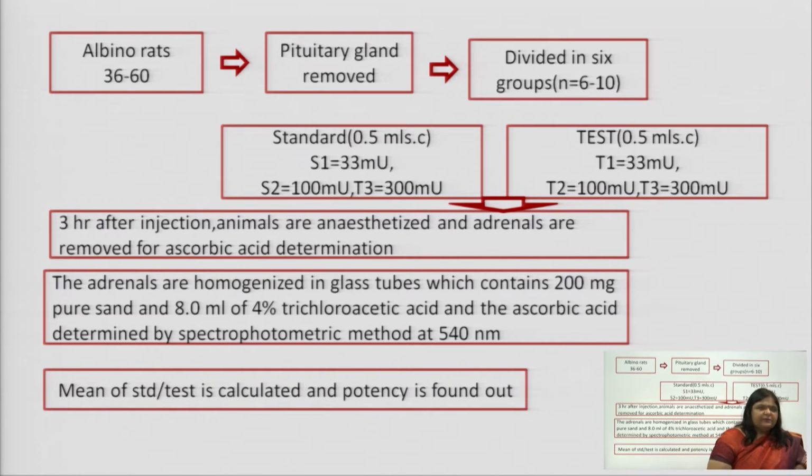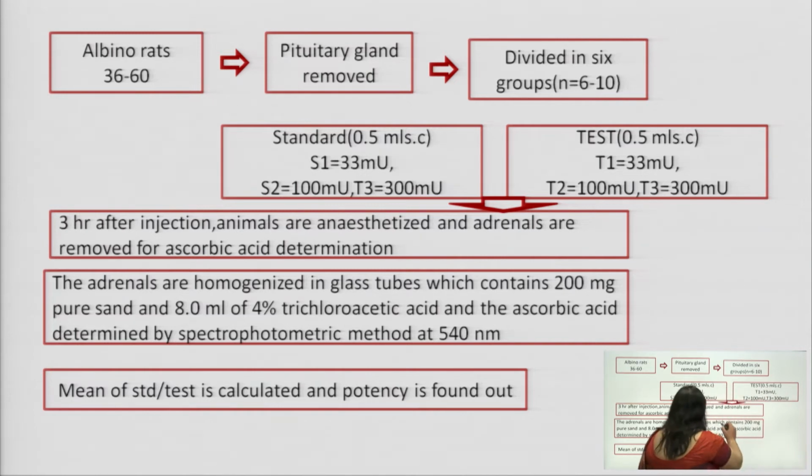These 6 groups: 3 groups for the standard, S1, S2, S3, 33, 100, 300 milliunits. Then we have 3 groups for the test, T1, T2 and T3, and the amount which is injected is 0.5 ml, injected subcutaneously.